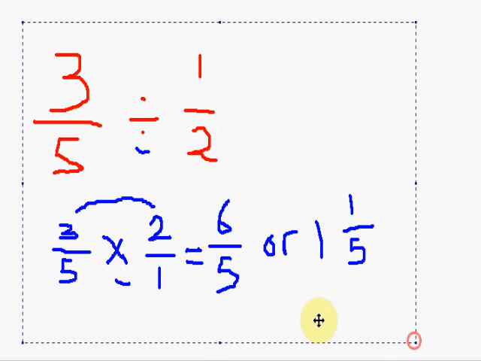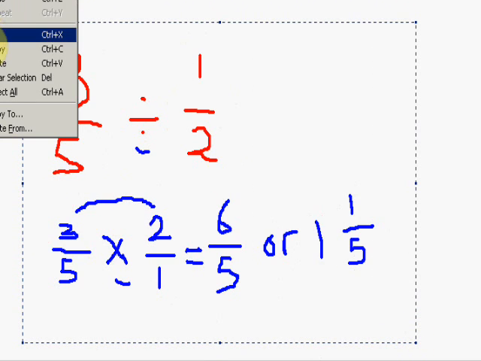Let's get rid of this here. Let's say that this time we had 4 sevens divided by 1/8.